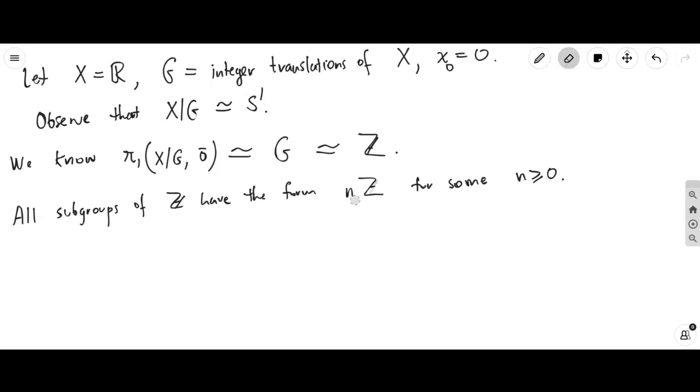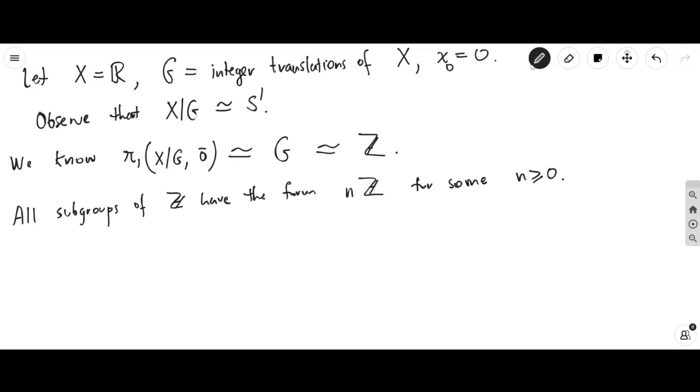If n is equal to 0, that's just the trivial subgroup. If n is equal to 1, then that's the entire group. If n is 2, those are the even integers, and so on. So that's how all of the subgroups are determined. There's no need to use negative integers, because negative nZ and nZ are the same subgroup. So these are the subgroups of Z.